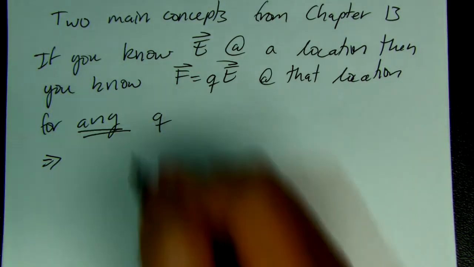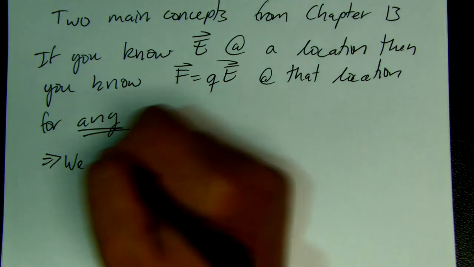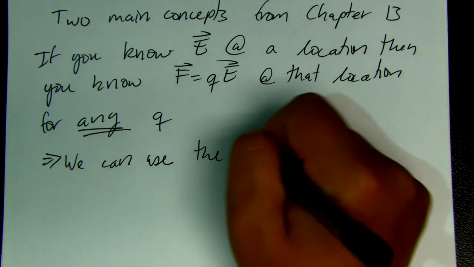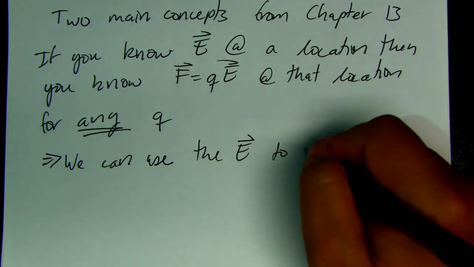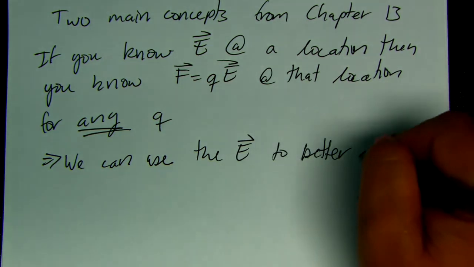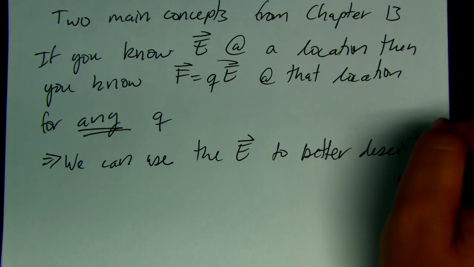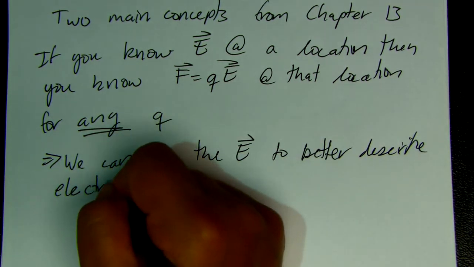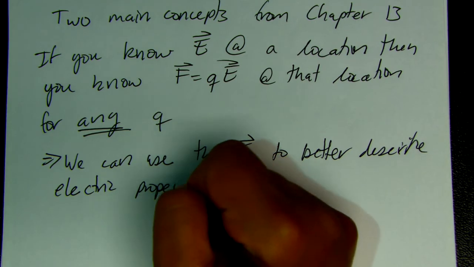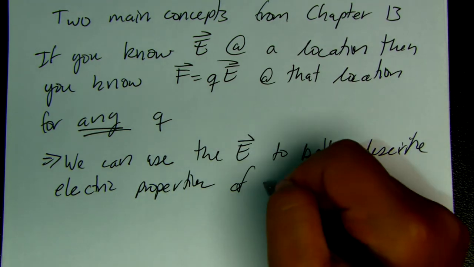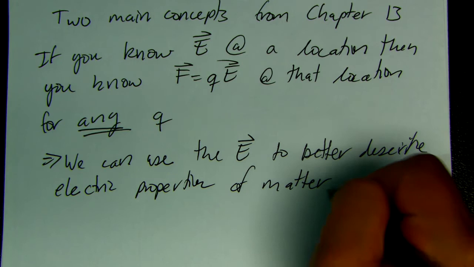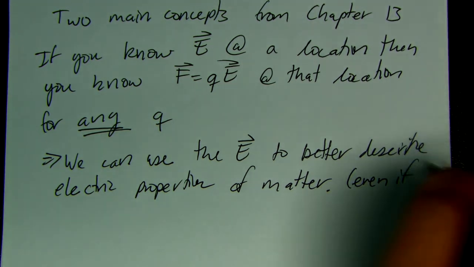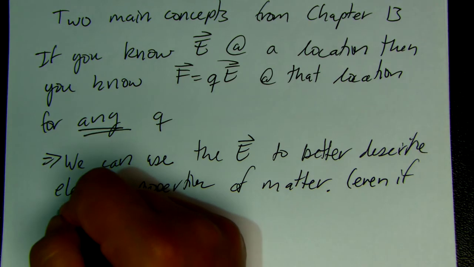And what we're starting to see is we can use the electric field to better describe electric properties of matter. And we can do this even if we don't know how the field was produced.